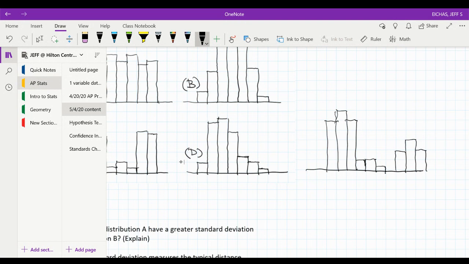Now we learned that the mode was the highest frequency, but when we get to more advanced stats, we understand that modes really are kind of an area of the distribution where there's a high frequency. So this is one of the modes, this is the other, but they're not symmetric. Okay, so this would be bimodal but asymmetric.